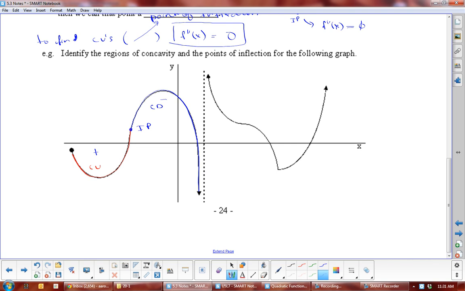Okay, then we've got here to here. Actually, why don't I just do all my concave up in red? So here's concave up to about there. And then it changes to concave down.